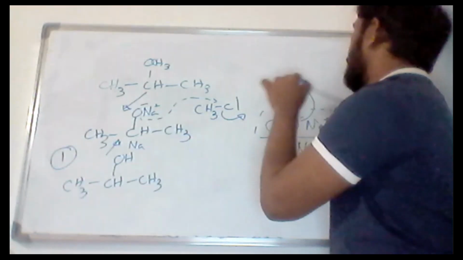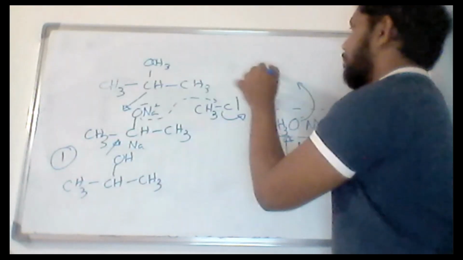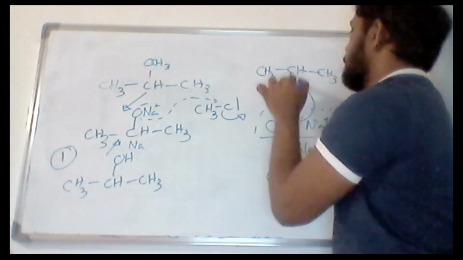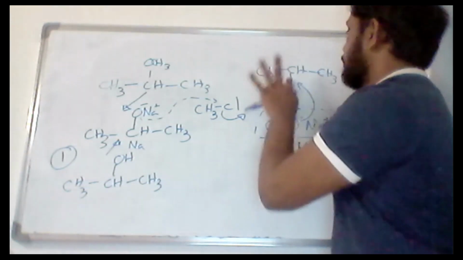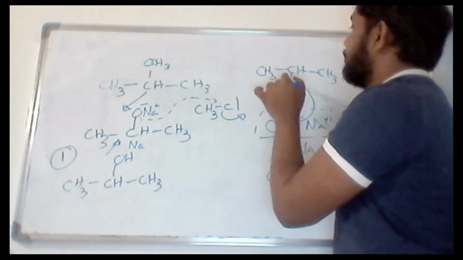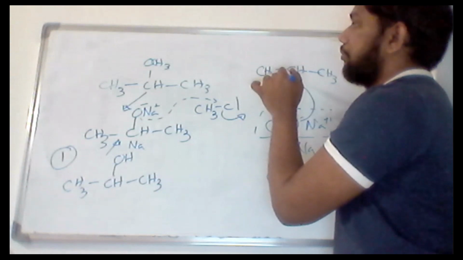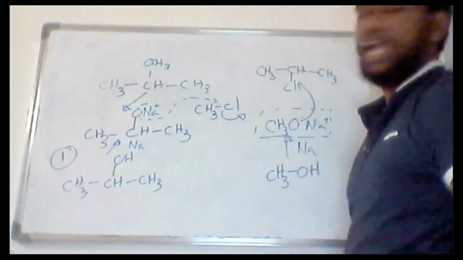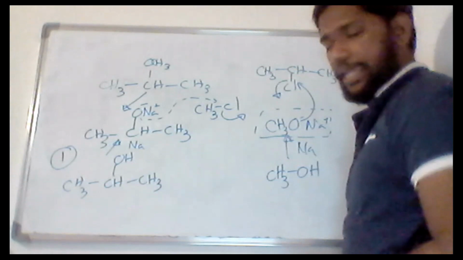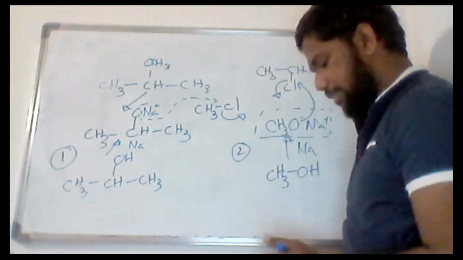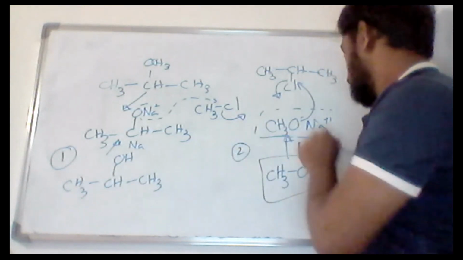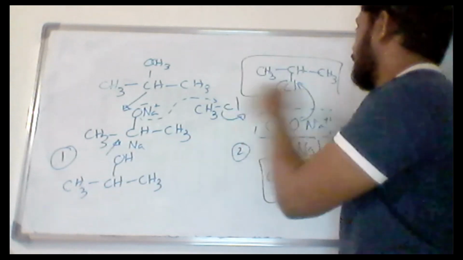Now this nucleophile can attack a similar type of compound, the alkyl halide, and the chlorine will be removed. So again, this is your second method. You can see I used alcohol, sodium, alkyl halide.